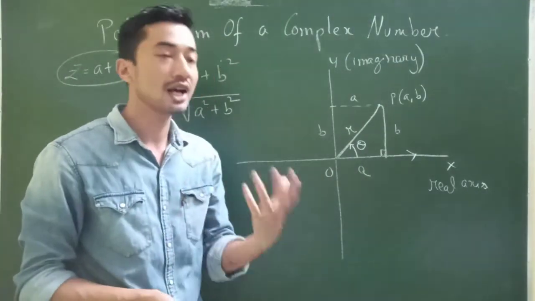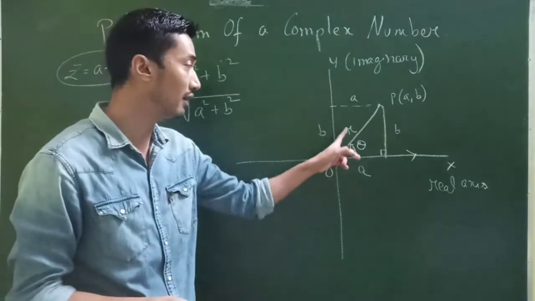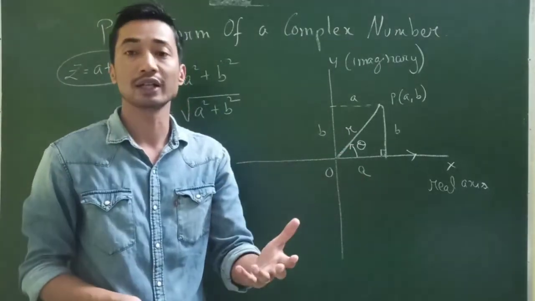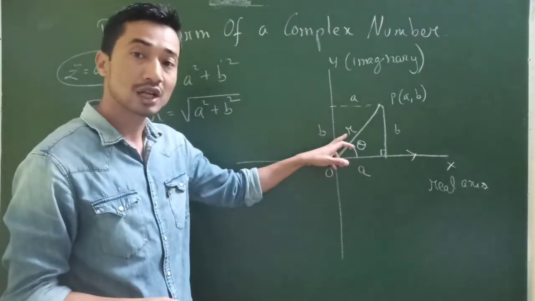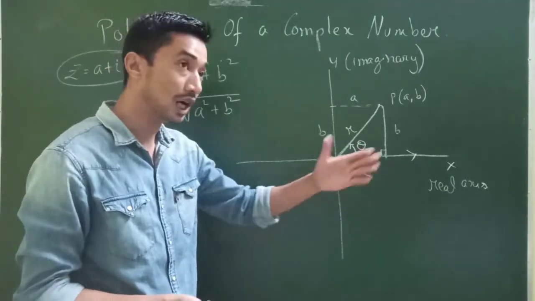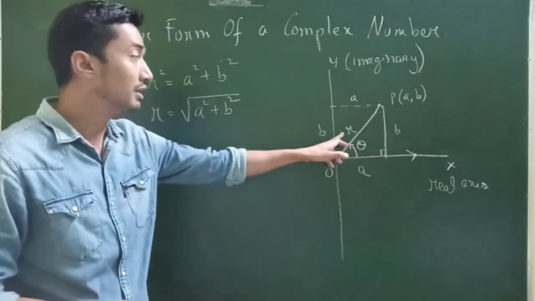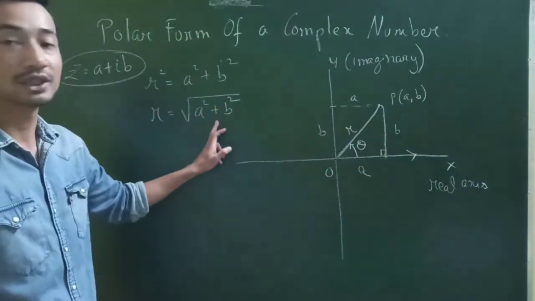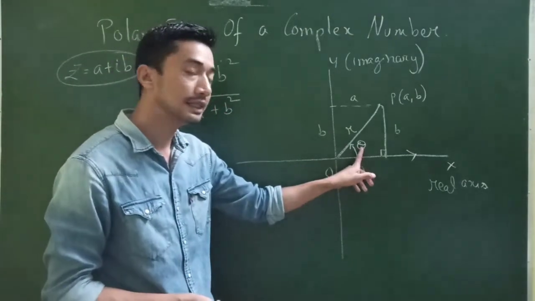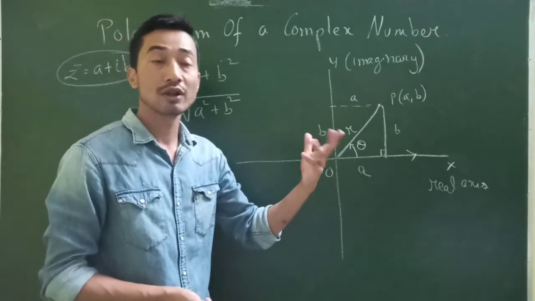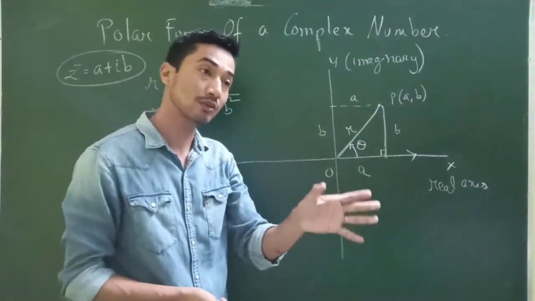If I have to locate a point using the two new parameters, r and theta, I also need to find ways to calculate r and theta with respect to the other two previous parameters a and b. The value of r is already represented in terms of a and b. Now the question is, how do I represent theta in terms of a and b? Don't worry, there is a way for this also.